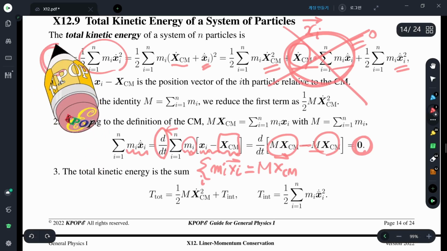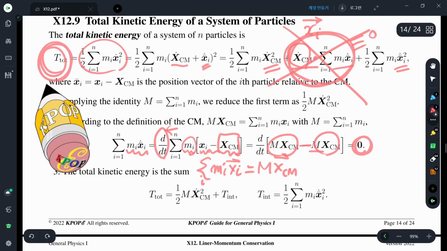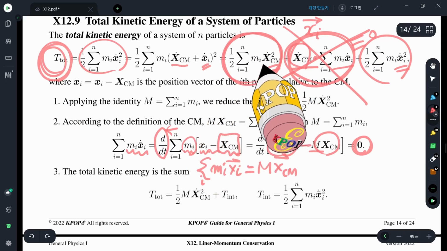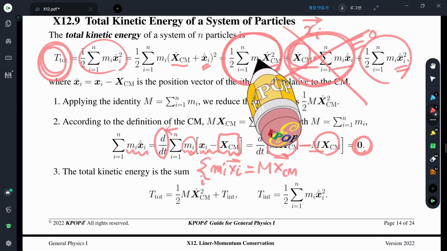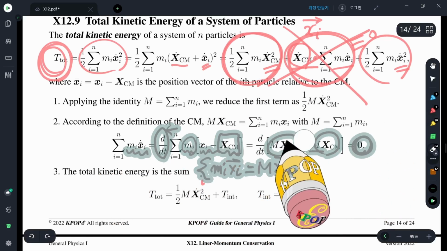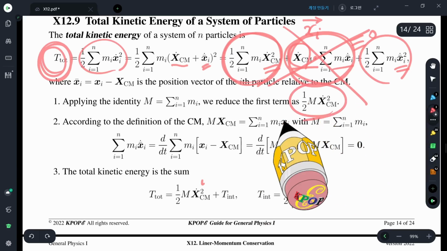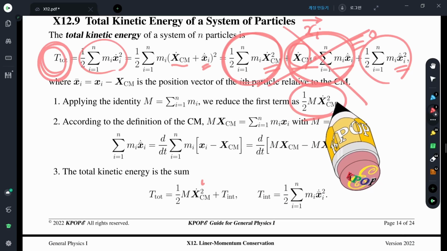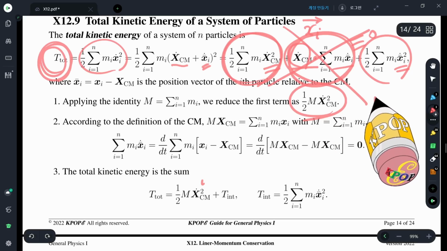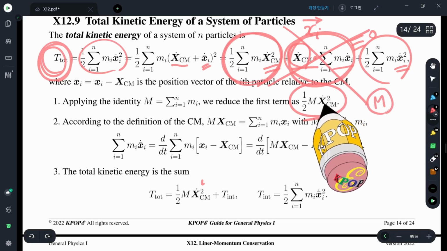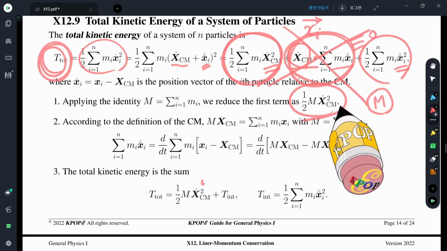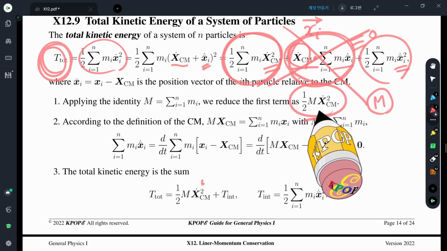Therefore, the total kinetic energy of the system of n particles is a sum of these two. And in this one, we can sum this mi. So this is the point particle's kinetic energy, whose mass is the total mass and placed at the center of mass. It's something like there is no structure at all.